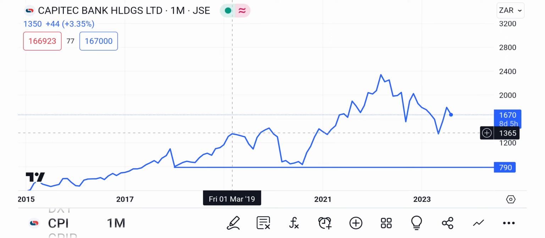Then this area here, this turning point, became what? A new supply zone. Remember, this was a supply zone and this is a new supply zone.